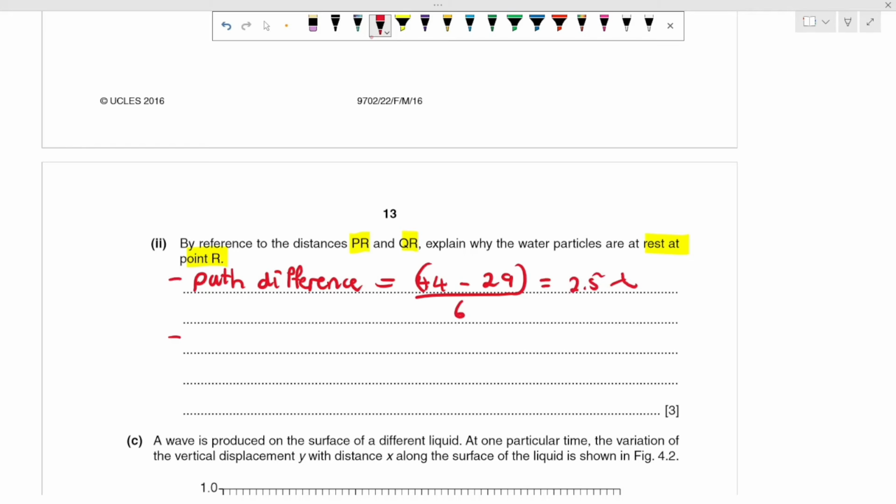And then the second point is you're going to say that the waves have a path difference of 2.5 lambda, because that's the path difference that exists. And so it's going to be destructive.